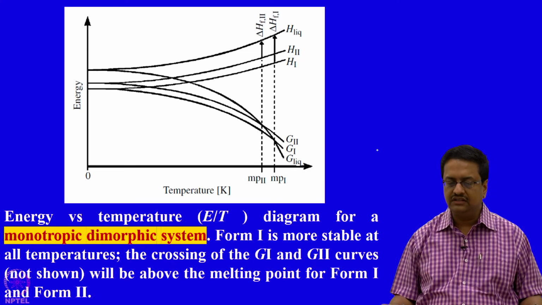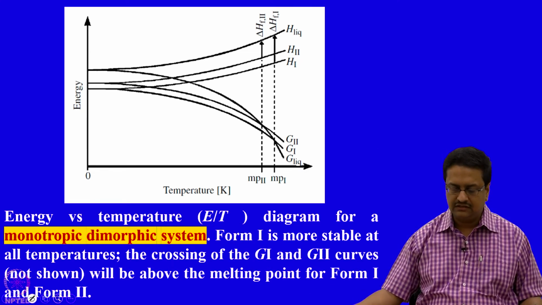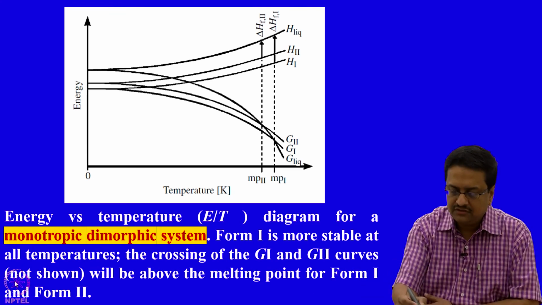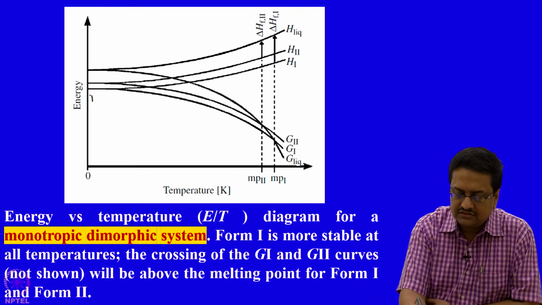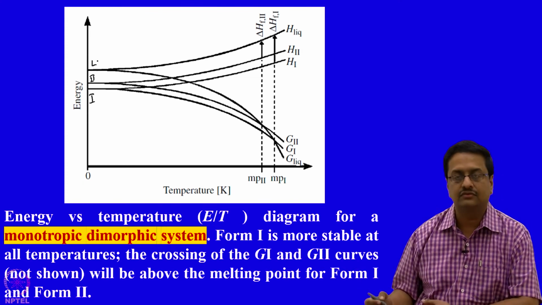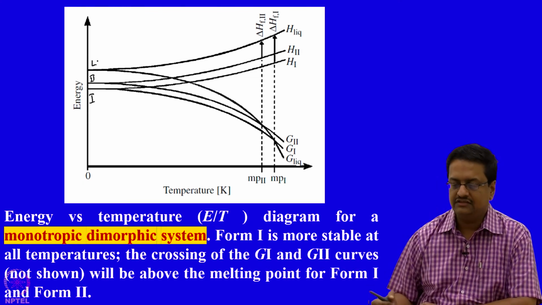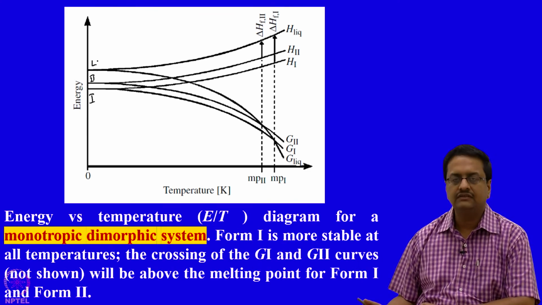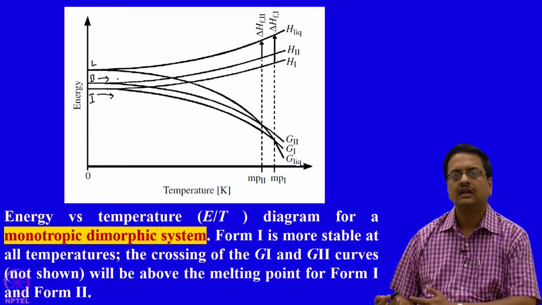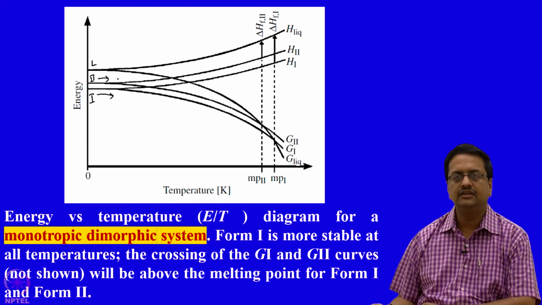The other possibility of a similar dimorphic system can be shown like this, where the energies of form 1, 2 and the liquid phase are shown here, the corresponding H and G's are shown, and what we see is the plots for G for 1 and 2 do not intersect at any point before their melting points.